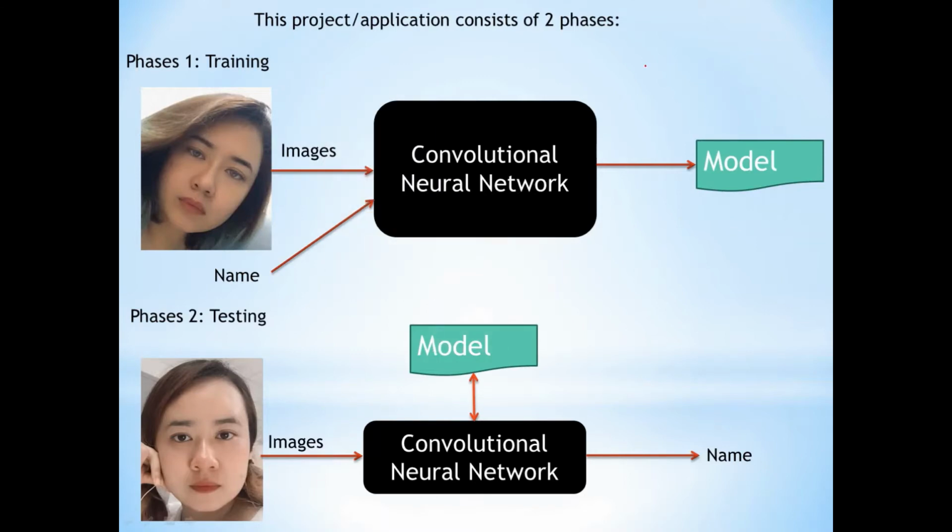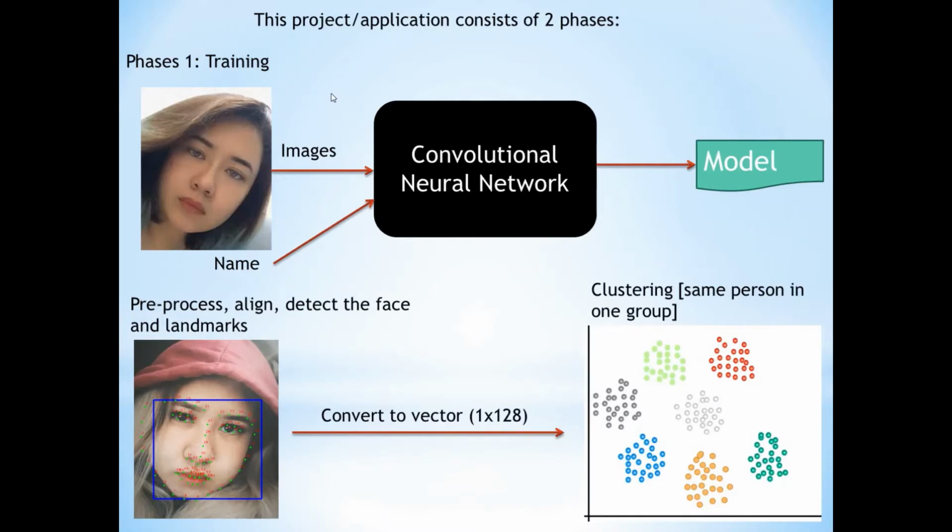As we said before, this tutorial has two phases. Phase 1, which is the training, we already did in the previous week, and this week we will focus on testing. In the training, as we can see here, we basically enter an image with the identifier of the image to the convolutional network.